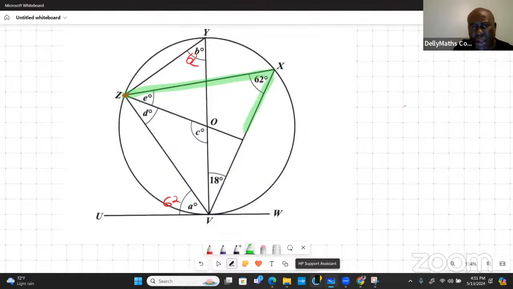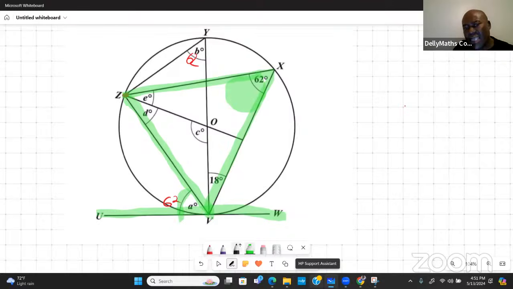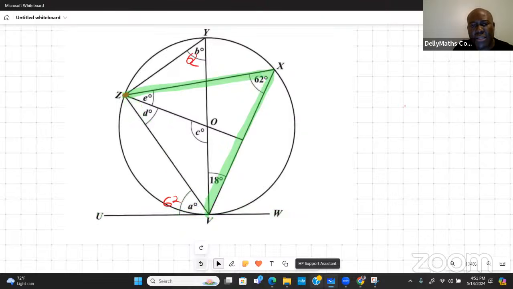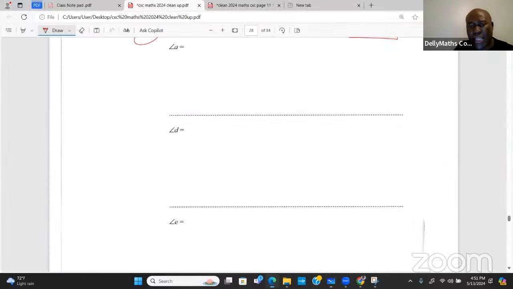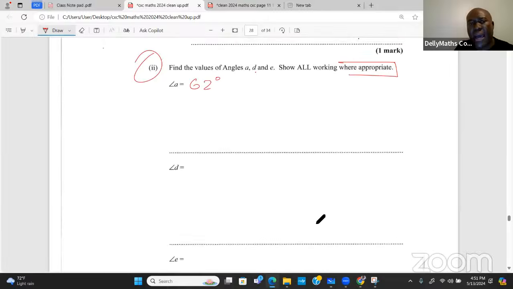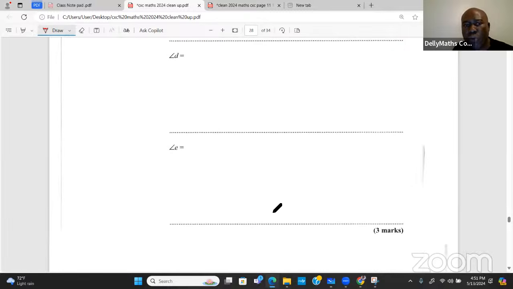If you look at this triangle right here, the angle between a chord and the tangent is equal to the third angle in the triangle, which is in the other segment of the circle. So A is actually 62 by using the alternate segment theorem. I don't have to work out anything for that one. They didn't ask for reasons, so we could move on.